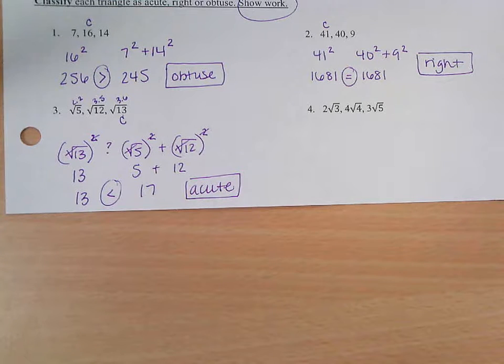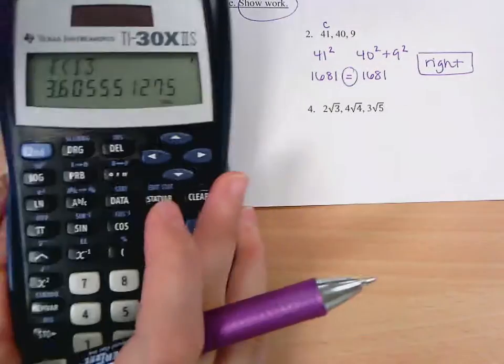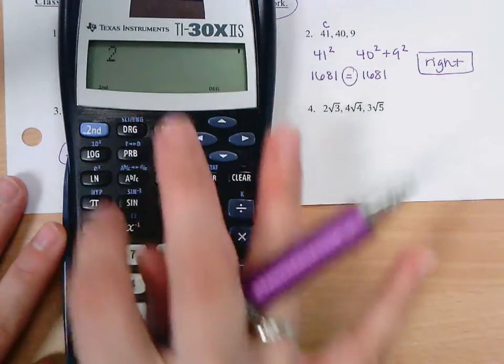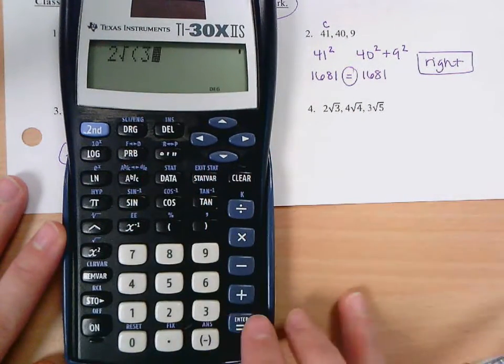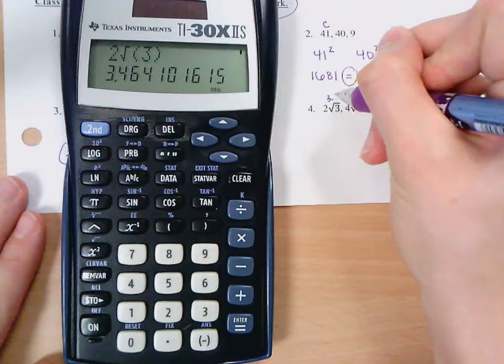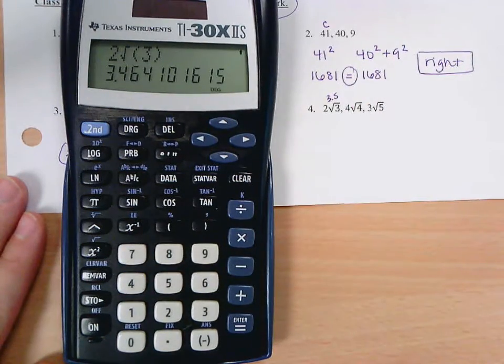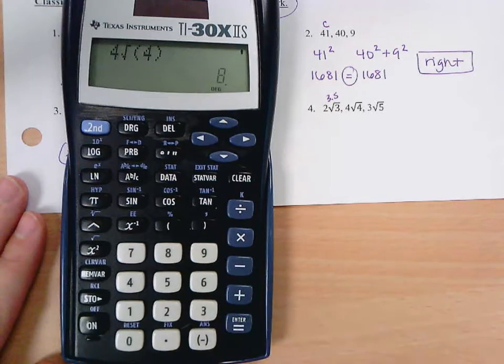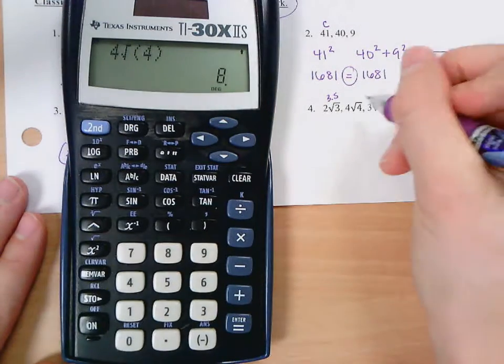Okay. Number 4 is a little bit different yet because of the numbers multiplied in front of the square root. So again, figure out which one is the longest. If I type in 2 times the square root of 3, that's about 3.5. 4 times the square root of 4 is 8.